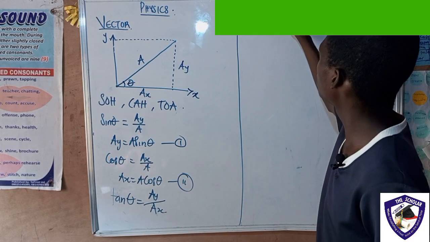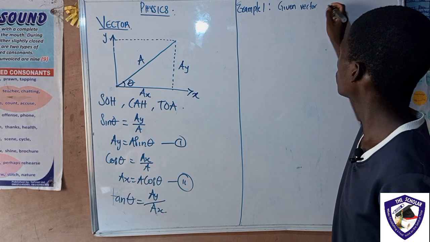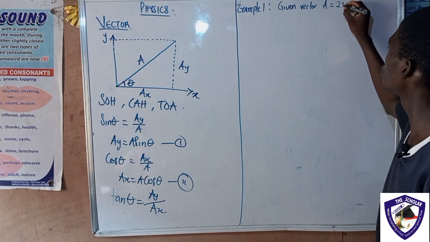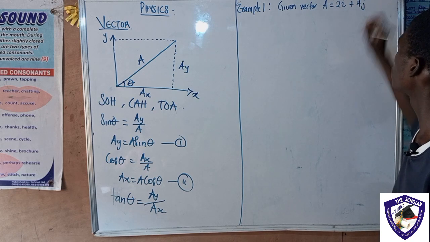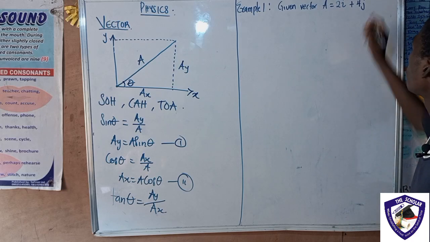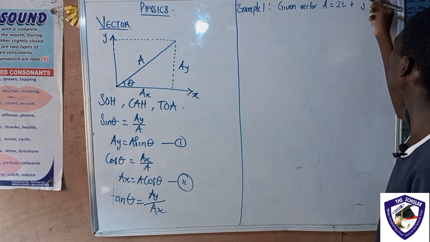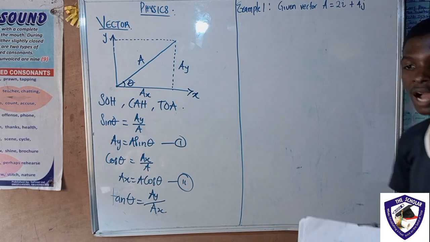Now, given vector A to be equal to 2i plus 4j. Let's still use our 4j. Now we have 2i plus 4j.